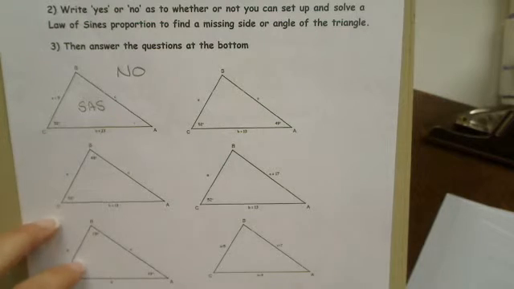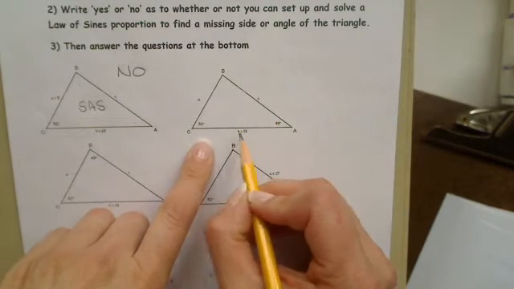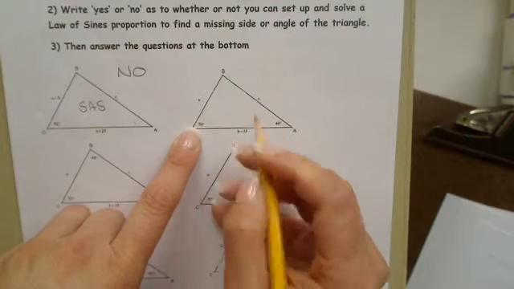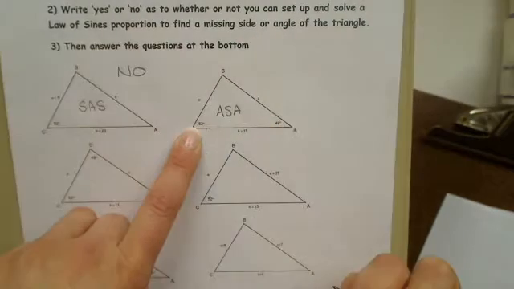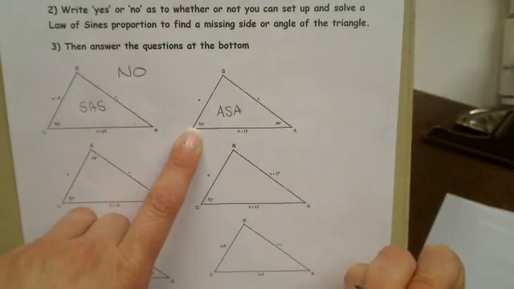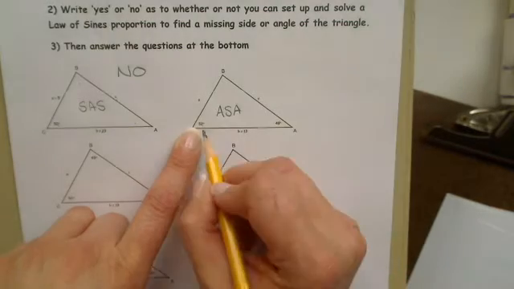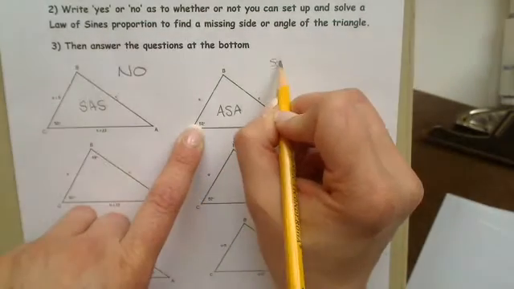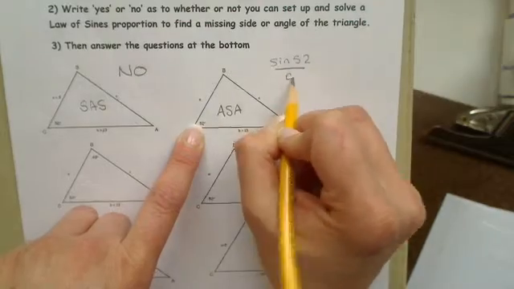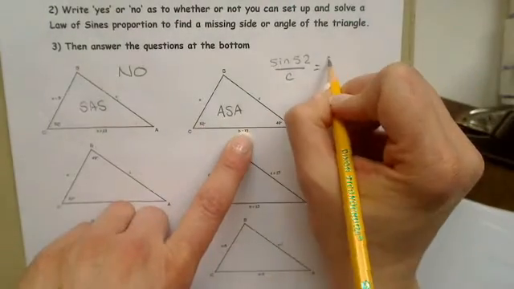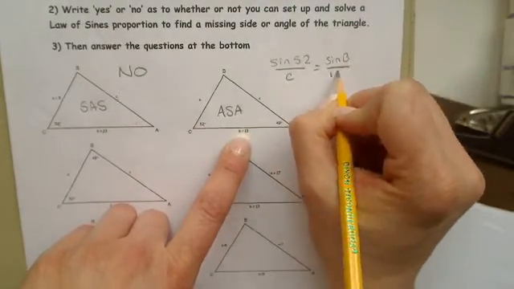Okay, so if I look at the next example, an angle, a side between, ASA. Could I set up a law of sines? Let's see. Sine of 52 over C. Sine of B over 13.